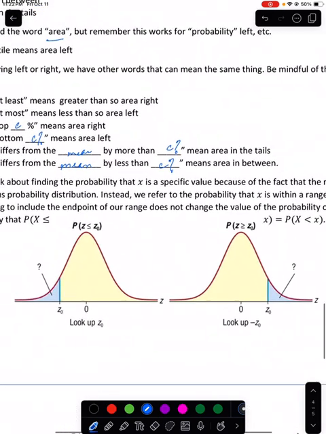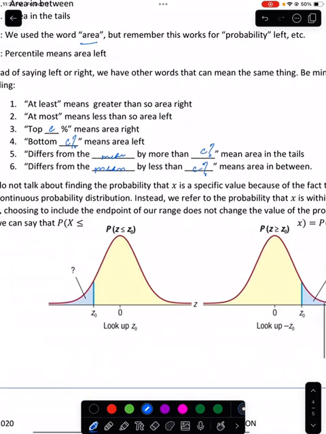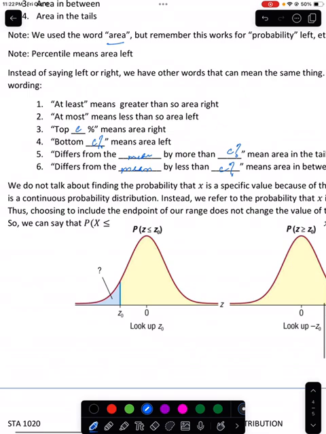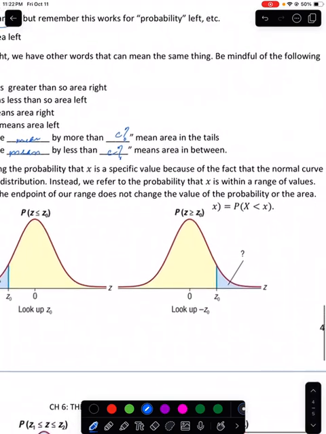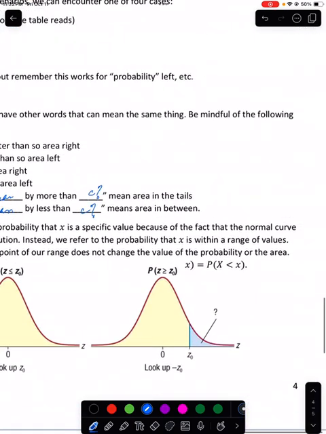So in this case, we do not talk about the probability that X is a specific value. If you recall in the discrete distribution in section 5.1, you calculated, for example, the probability that X is equal to 4, right? But here we cannot.